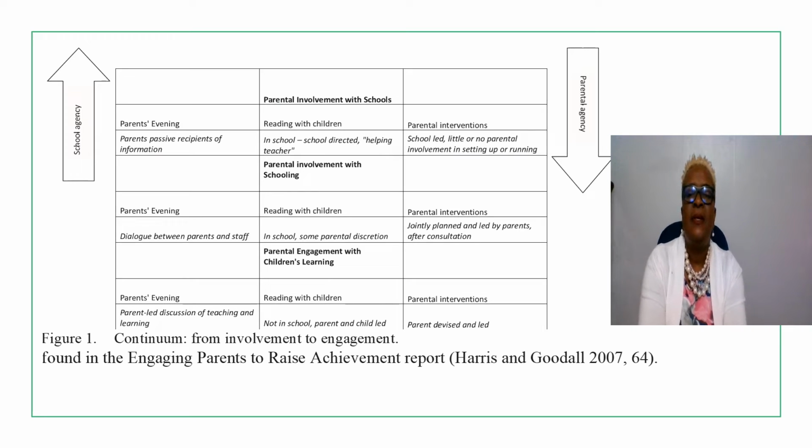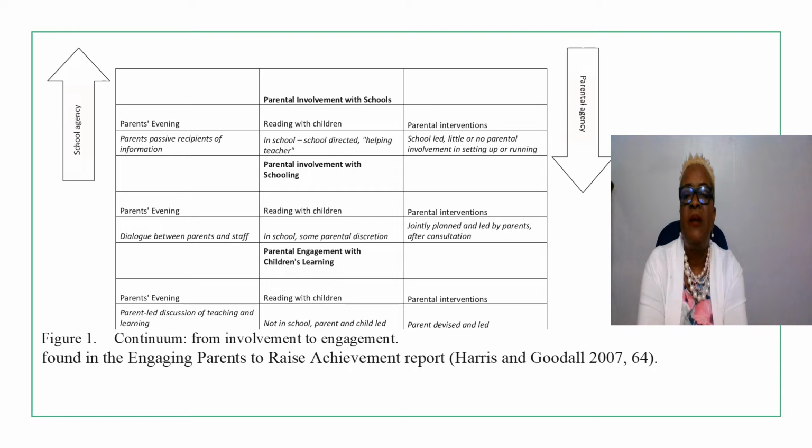There is a difference between parental involvement and parental engagement as researched by our PLC, in that when the school agency's responsibility is diminishing, in that way we will have more engagement. As you can see from Harris and Goodall 2007, there is a continuum in that parents' evening.